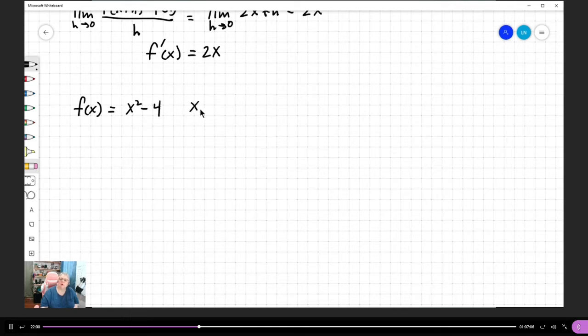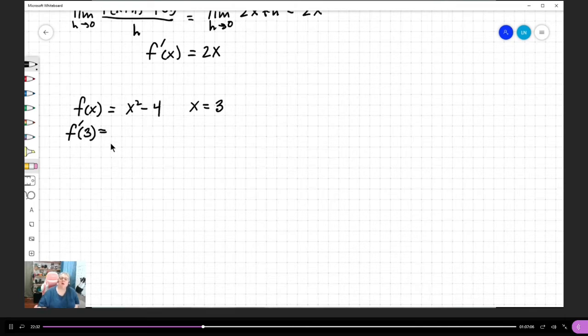And I want to know what is the slope of the tangent line to the curve, specifically at x equals 3. So what I'm looking for in that case, because I only need that one value, is f prime of 3.